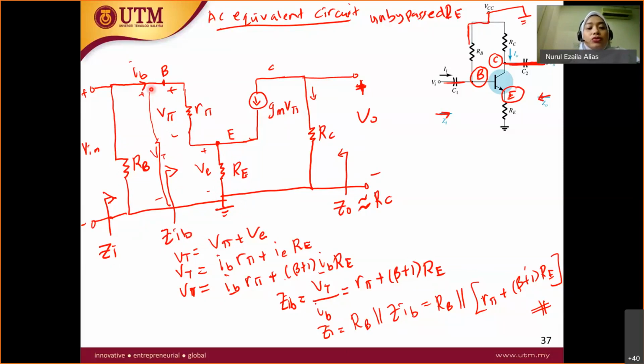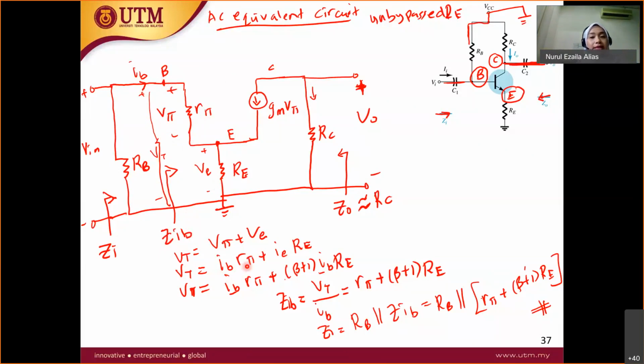You need to take the total voltage from the base to the ground. VT is equal to the V pi in series plus VE. So VE is equal to IE RE, and V pi is IB R pi, because the current going into the R pi is at the base, which is IB.